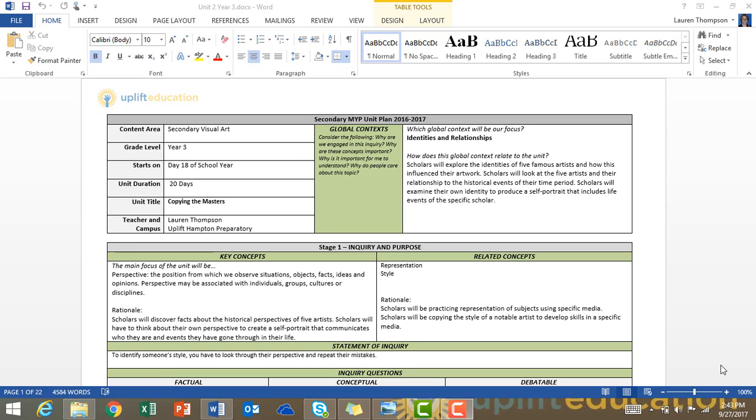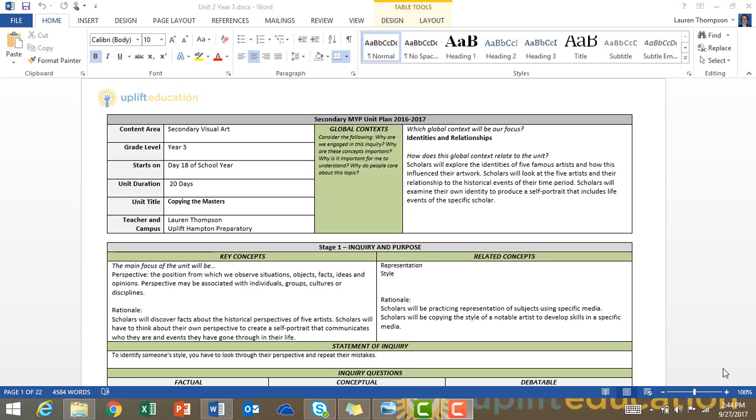Inspired by that, I've created this unit called Copying the Masters. Students in this unit are going to learn different skills by copying famous artists who are very good in that particular media.